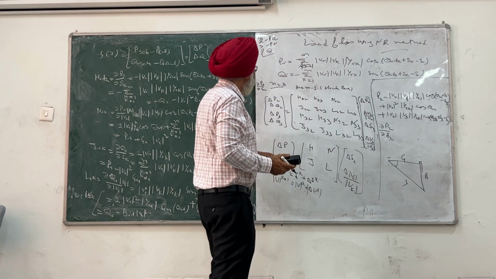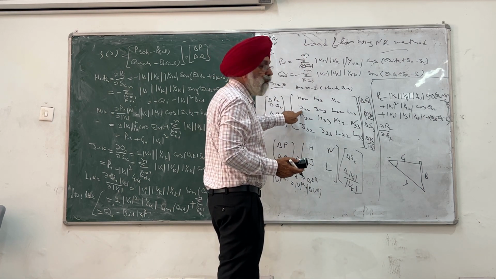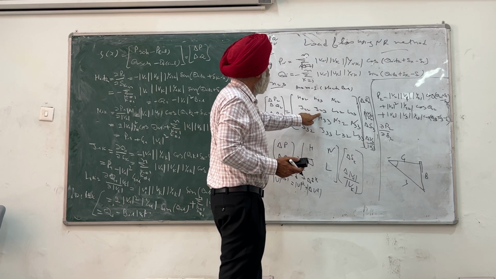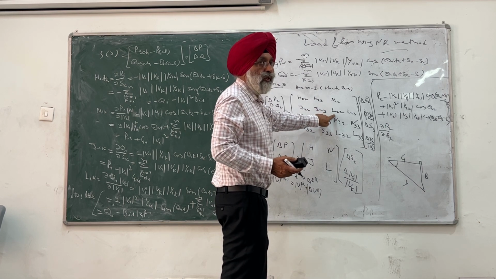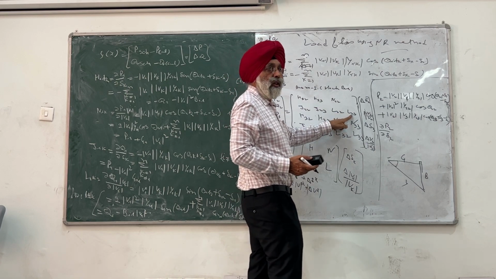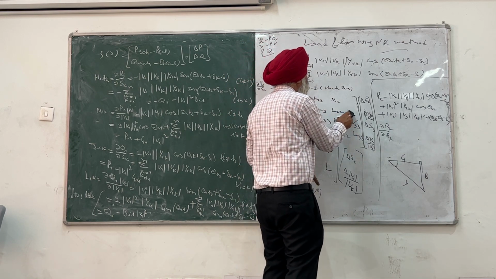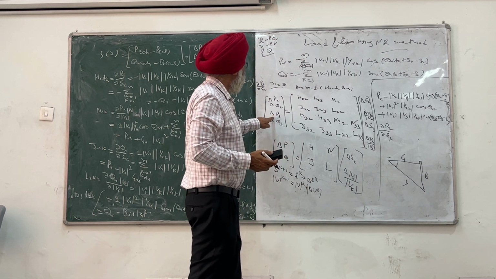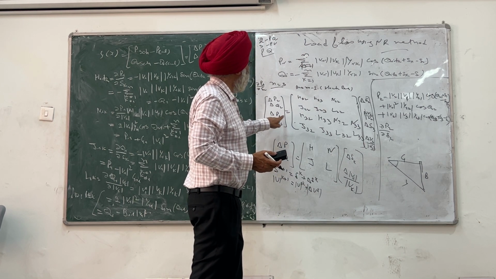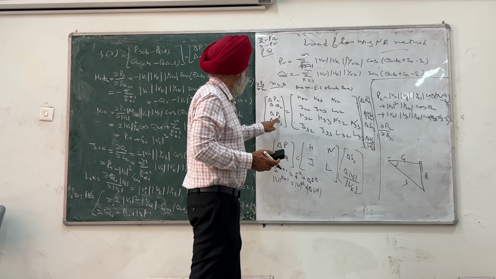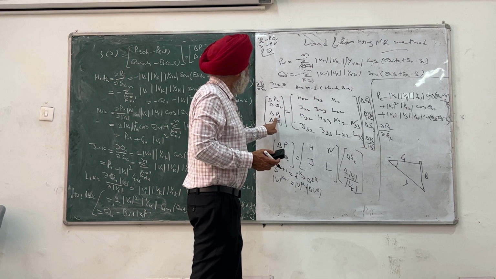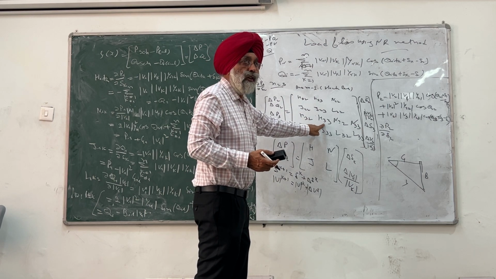ठीक है. इसी तरह Q2 with respect to delta 2, Q2 with respect to delta 3, Q2 with respect to V2, Q2 with respect to V3 नहीं होएगा. ये वाली टर्म नहीं होएगी. ठीक है. फिर P3 with respect to delta 2, P3 with respect to delta 3 होएगी.